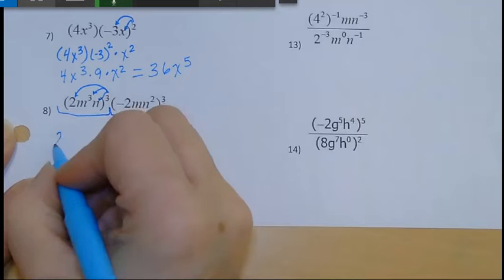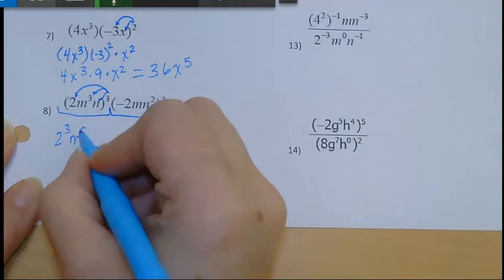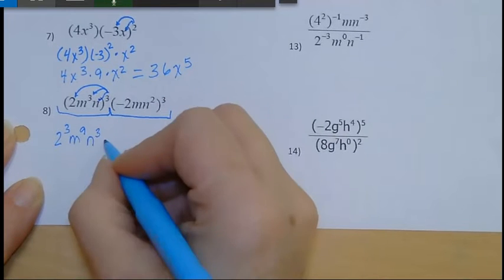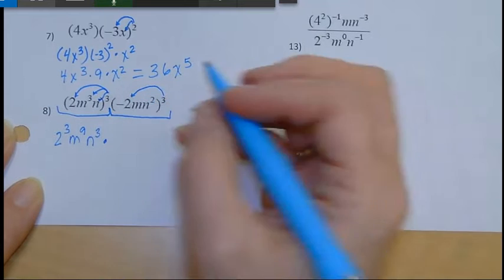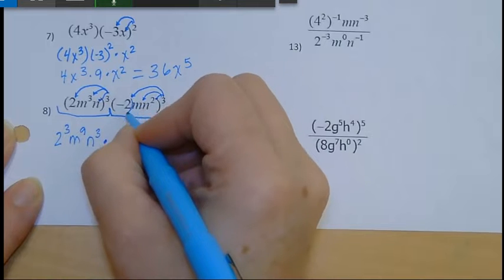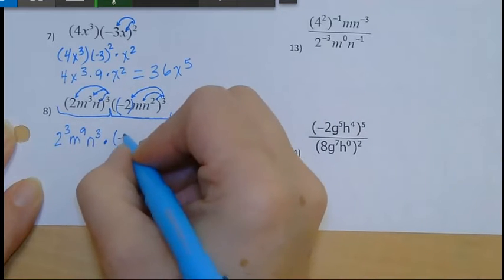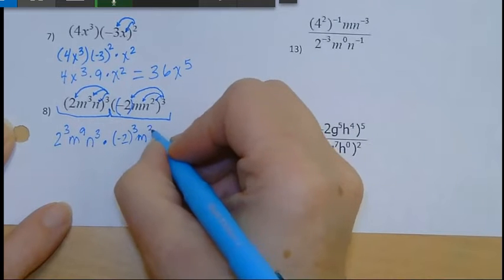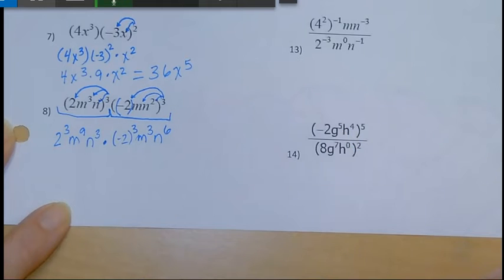So I'm now going to have 2 to the third times m to the 3 times 3, that's 9, times n to the 3, times, over here I'm going to distribute this outer exponent to every factor inside. And remember, our negative 2 is effectively in parentheses, so I have negative 2 to the power of 3, m to the power of 3, and n to the 2 times 3, so that makes that n to the 6th.